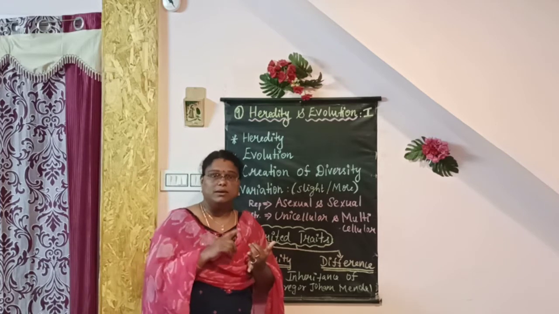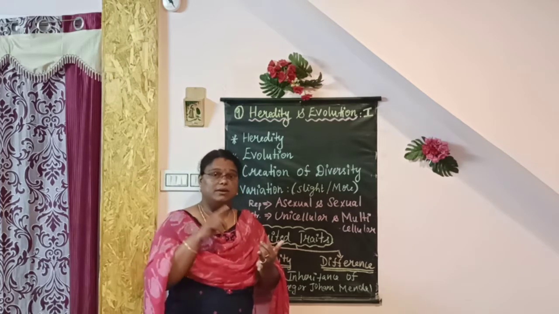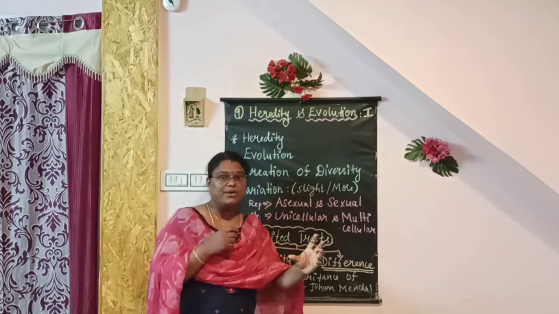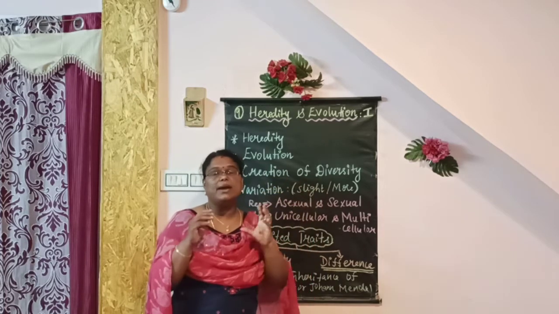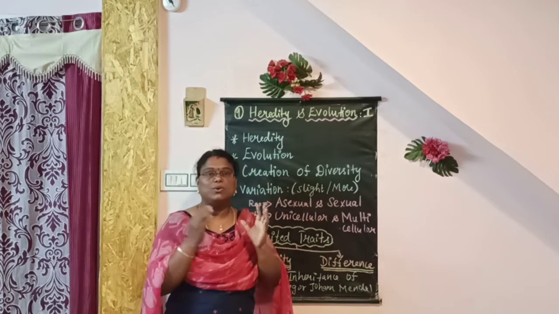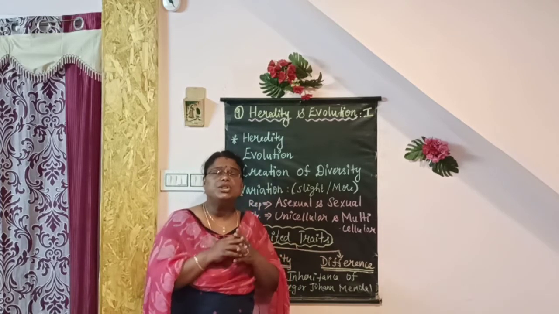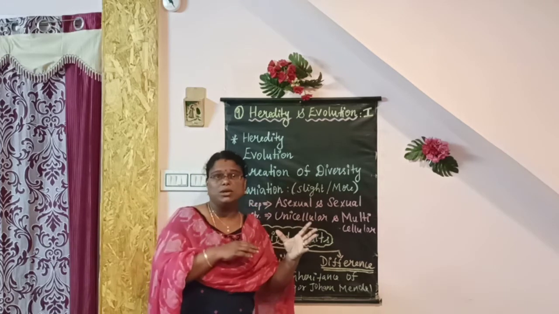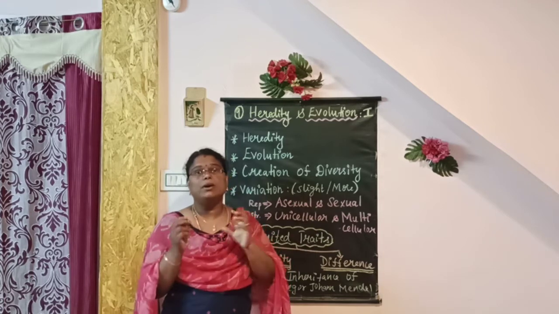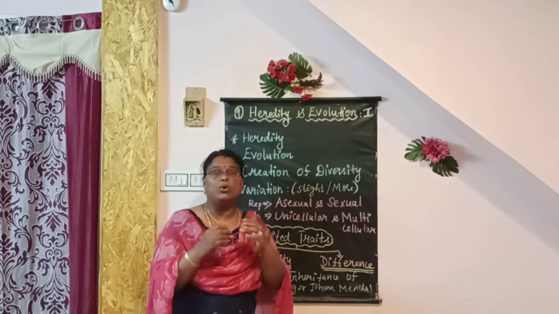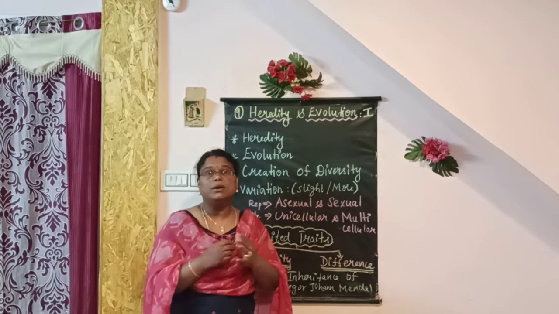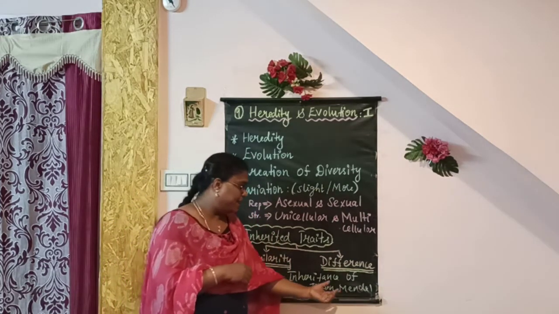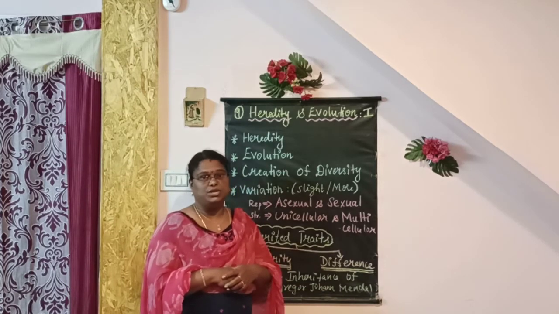Second, the resulting trait will have two versions, one DNA from father and another DNA from mother. They are the versions of their parents. And third, both mother and father contribute an equal amount of genetic material to the offspring. So these are the rules given by Gregor Johann Mendel, the father of genetics.